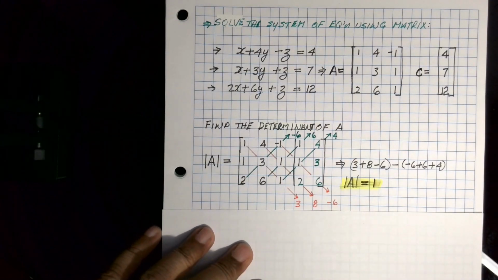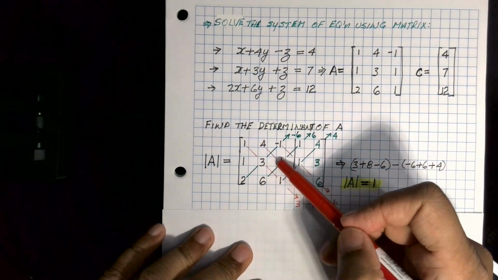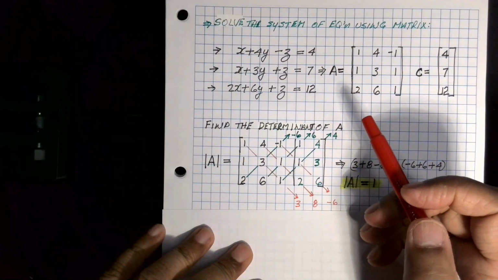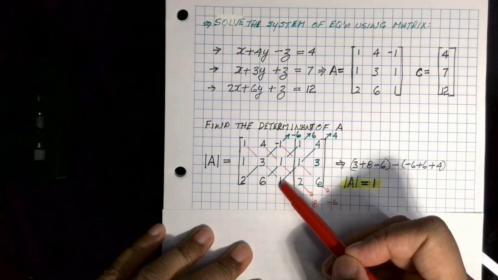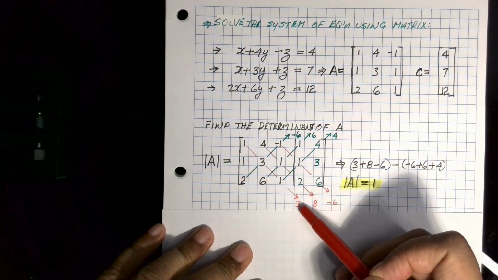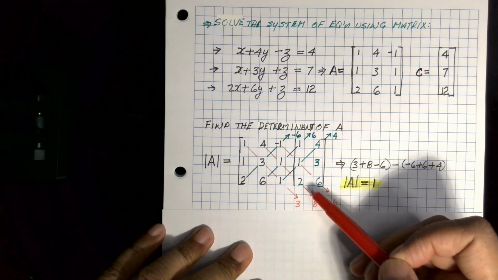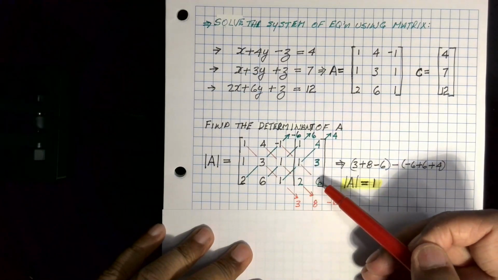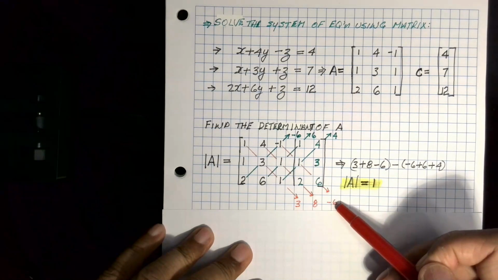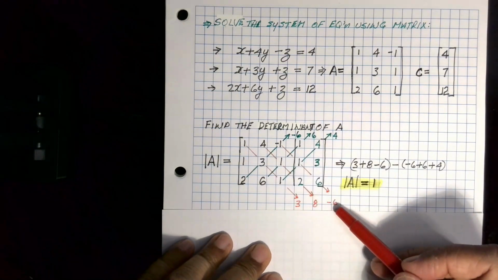We are looking for the sum of the product of each one of these diagonals. So when we get the product of this, you can see it becomes 3. 4 times 1 times 2 will give you 8, and minus 1 times minus 1 times 6 will give you minus 6. So we have the product in this direction.